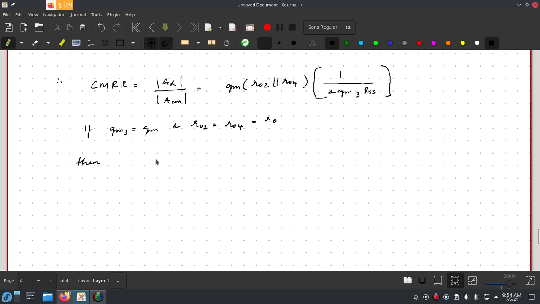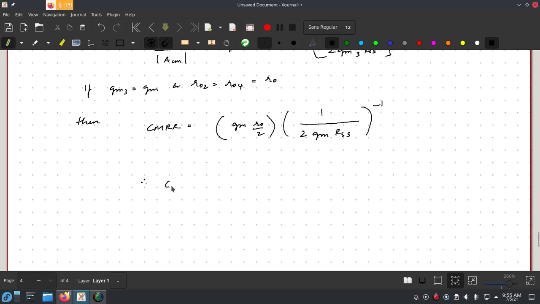Then CMRR is Gm R0 divided by 2, into 2 Gm RSS power minus 1.